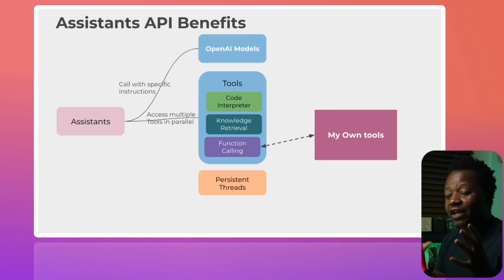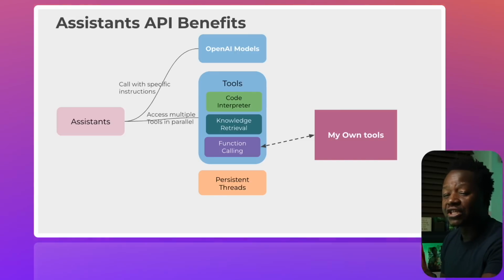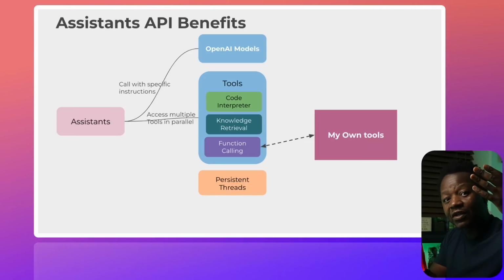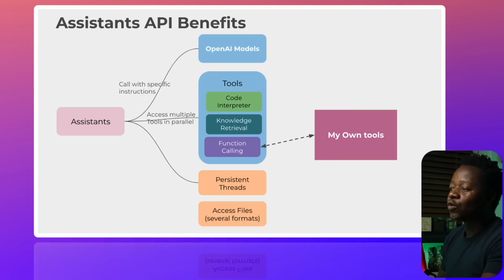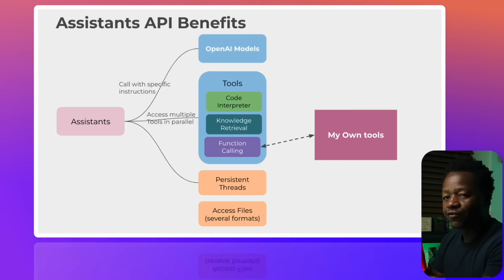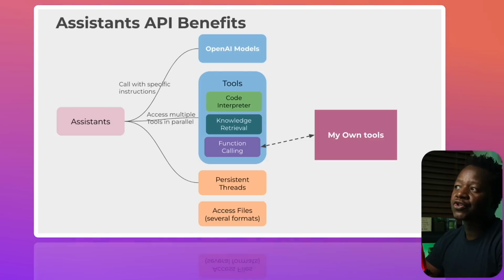They don't have a way of saving the context, which is problematic when we want to refer to a certain concept that was talked about. If they're not saving that history, then it wouldn't know what you're referring to. So context is very important, and that is all given with the Assistants API. Okay, and of course we can access files in several formats. So this is a diagram I wanted to show you about the benefits of the Assistants API.